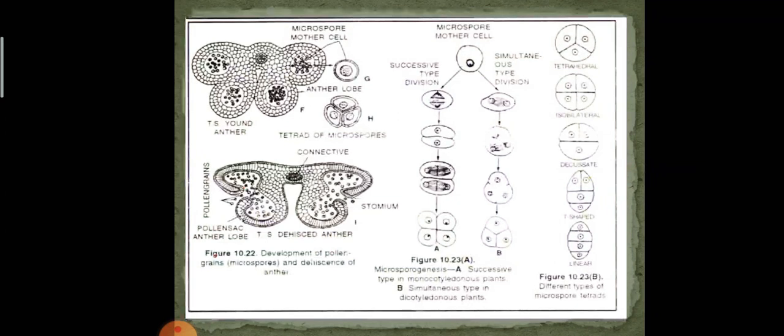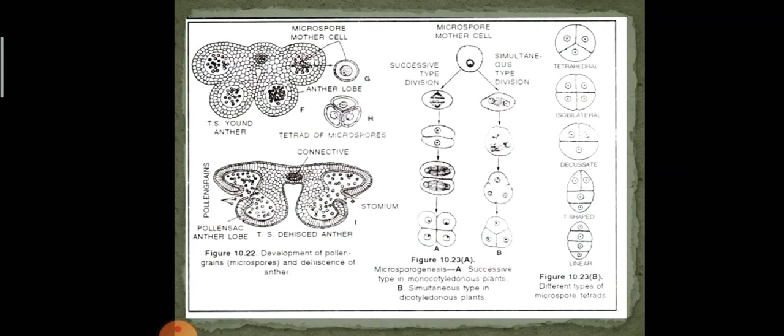Here you can observe it through a diagrammatic representation. The tetrad of microspores is present inside the pollen sac, and when the tetrad releases individual pollen grains, if this pollen sac consists of 100 tetrads, it means the pollen sac has 400 pollen grains.